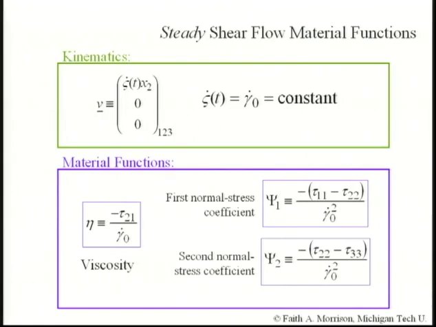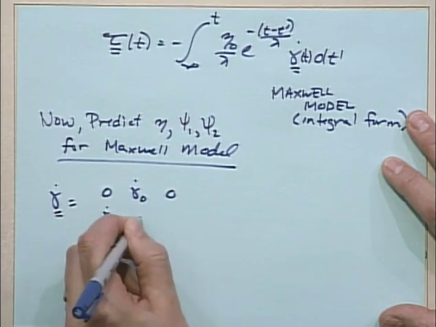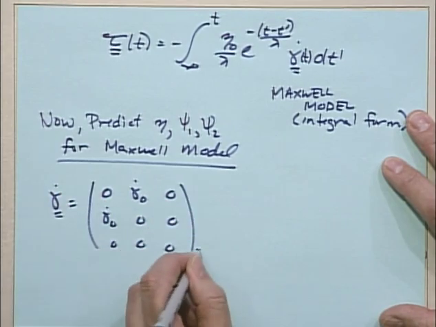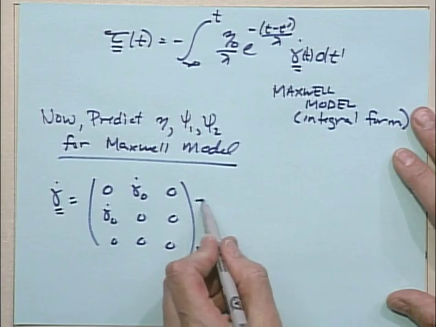As we discussed a minute or two ago, if we're talking about viscosity, steady shear flow, we know gamma dot. It's 0. Gamma dot, the tensor has these two non-zero parts because it's steady shear flow. And we need to put this in here.